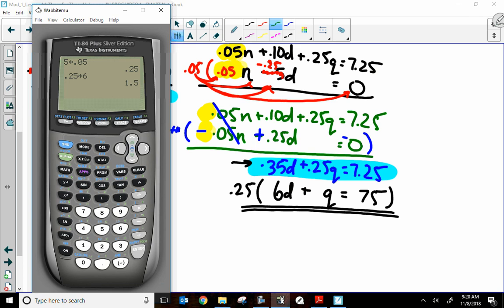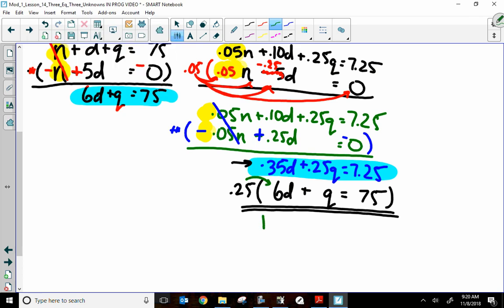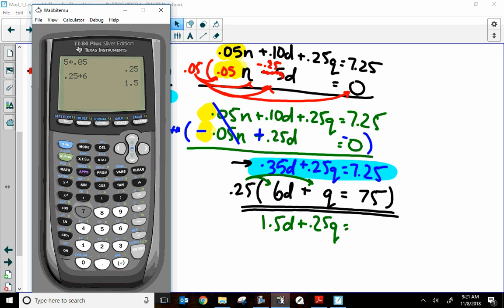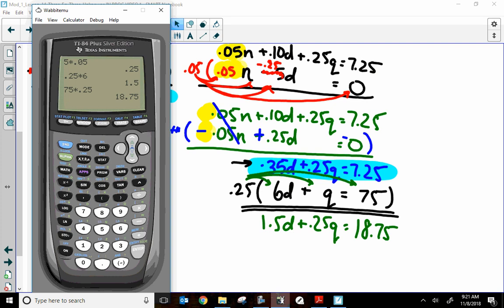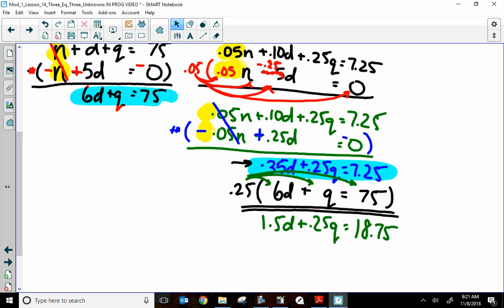So I get 1.5D plus 0.25Q equals, what is 75 times 0.25? 18.75. Wow. Let's just double check that. Yep, 18.75. So that's my new equation on the bottom.